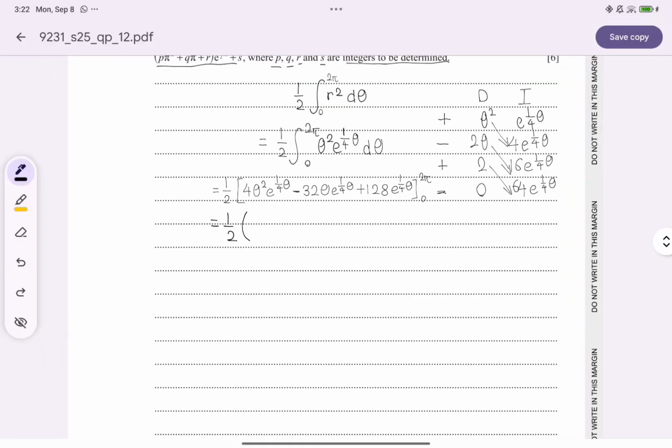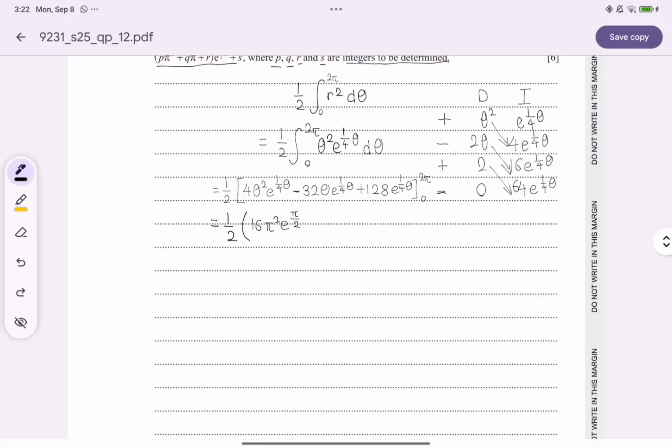Okay, so let's substitute our limits. Substituting 2 pi for theta, we'll get 4 times 2 pi squared, which is 16 pi squared, times e to the power of 1 over 4 times 2 pi, which is pi over 2.